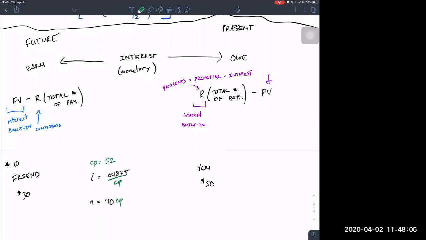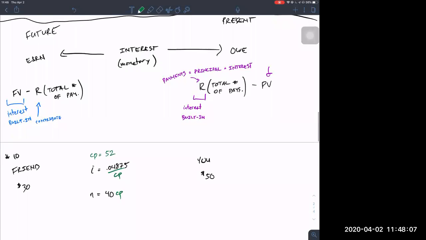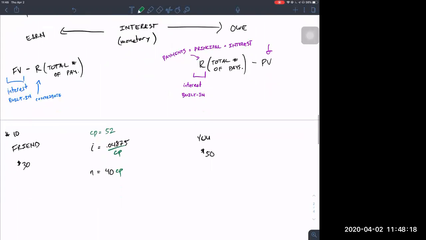Okay. So if you're putting away 50 each week and your friend is putting away 30 each week, what are we solving for? The future value or the recurring payment? No, that's not the answer to my question. Are we solving for the future value or the recurring payment? Recurring payment. But the recurring payment is 30 per week and 50 per week.